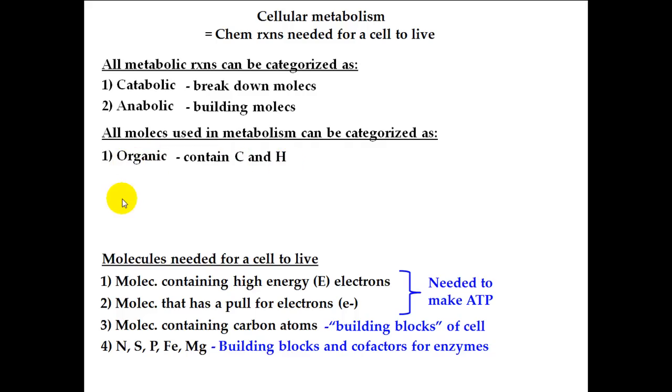On the other hand, there are molecules that are considered to be inorganic. If they're inorganic, they lack carbon or hydrogen or both. So just to drive home the point, what's the difference between organic and inorganic? Well, here are some examples of organic molecules.